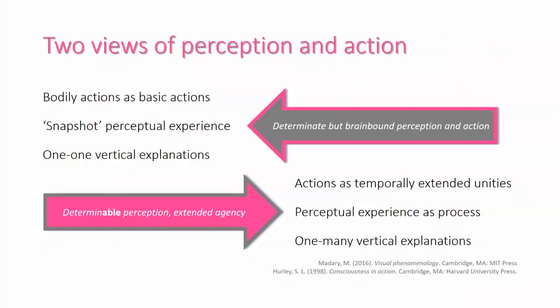So to sum up, what we have here is two different accounts of perception and action. If we identify as a personal level target an extended agential unity, we also have the resources to identify extended perceptual unities and thereby include non-neural contributions.